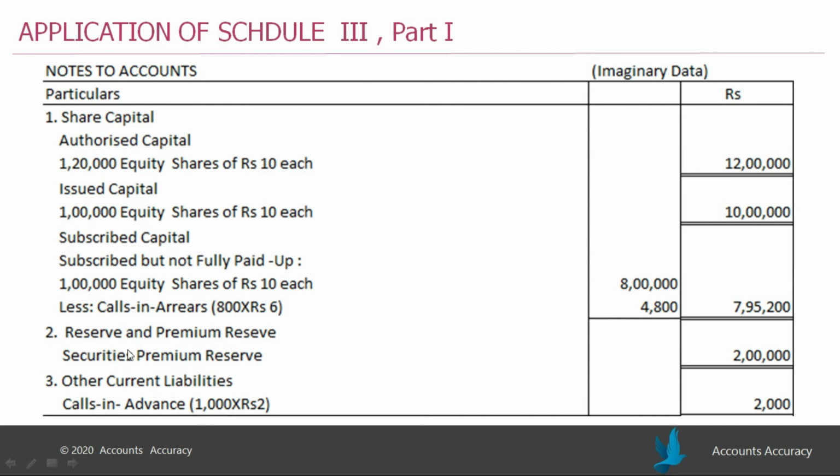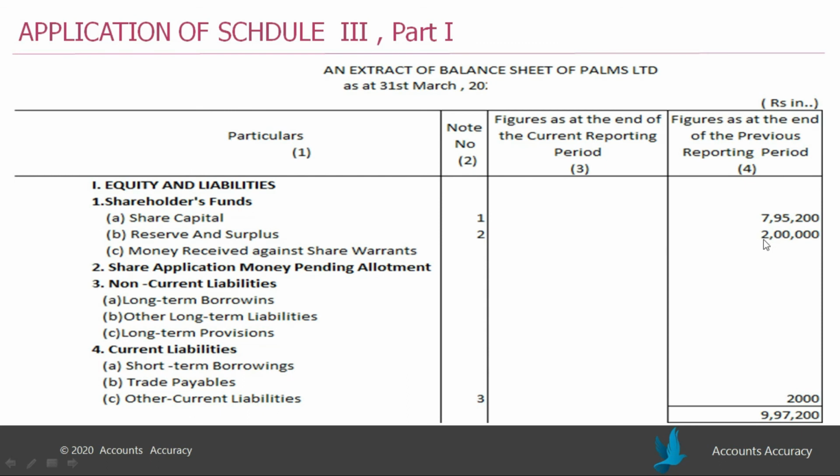Then comes the calculation of reserve and surplus. Reserve and surplus of rupees 2 lakh will be written in notes to accounts, and again that will also be copied here in note 2, the reserve and surplus, that is 2 lakh.